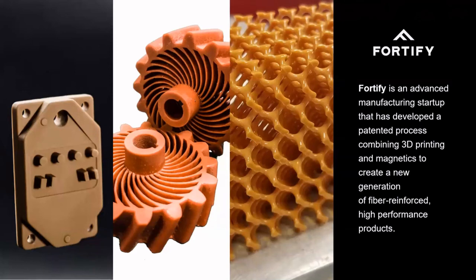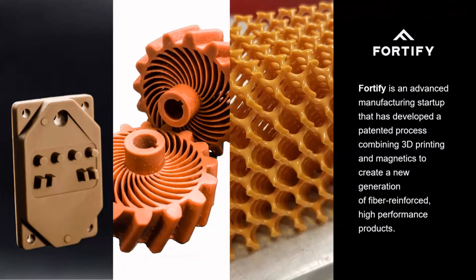Okay, and another question for you. How do fiber reinforced resin parts compare to other composite 3D printed parts on the market? Yeah, so I think most composite 3D printed parts are fiber reinforced.